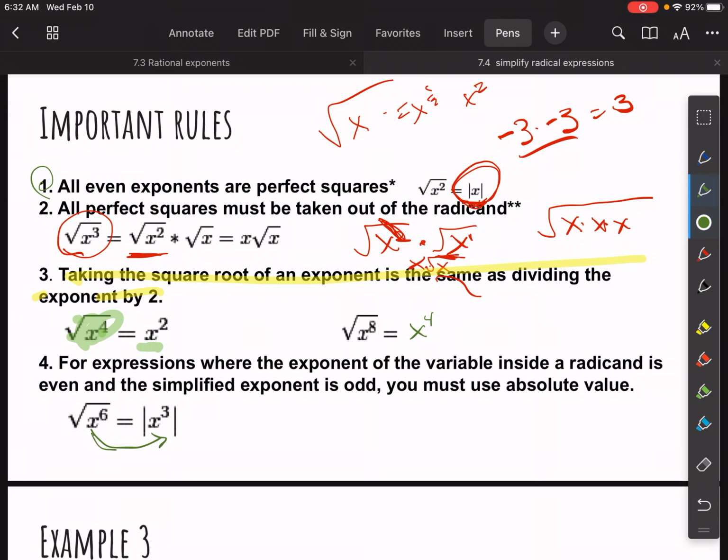If I go from even to odd, an odd exponent could possibly give me a negative answer, but in my original, I couldn't have a negative answer. When you simplify something, you have to get the same answer when you plug something in. So whenever I go from an even, like x to the 6th, and divide that by 2, I get x to the 3rd. If I go from even exponent to odd, I have to use an absolute value bar.